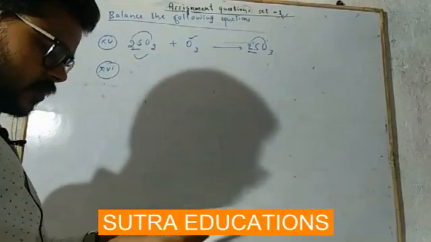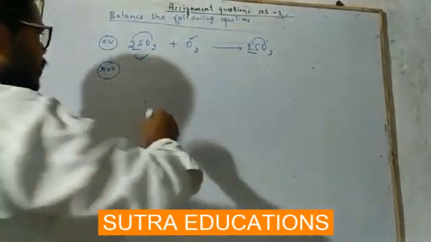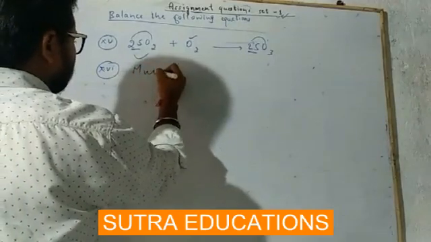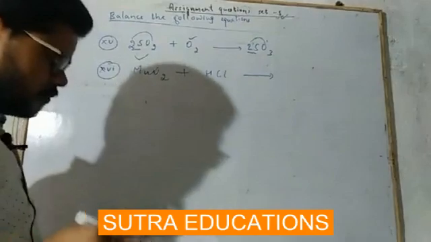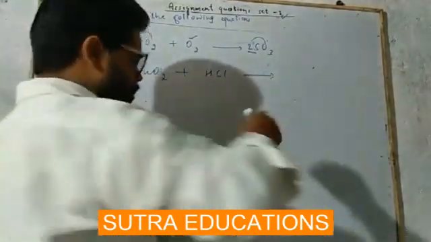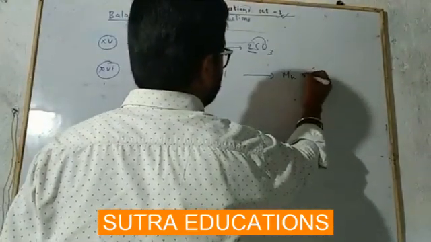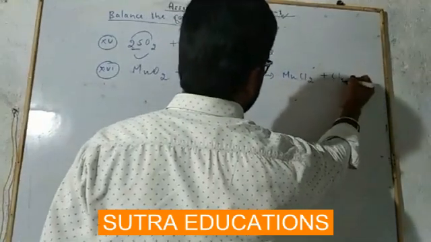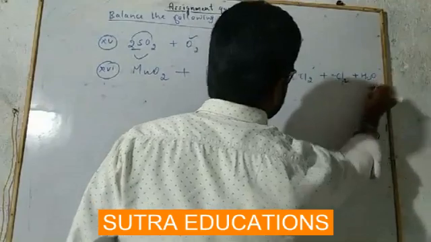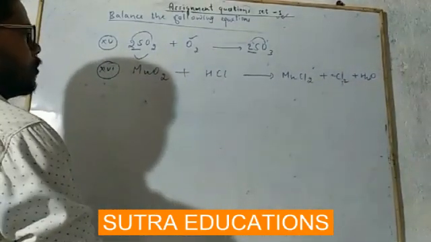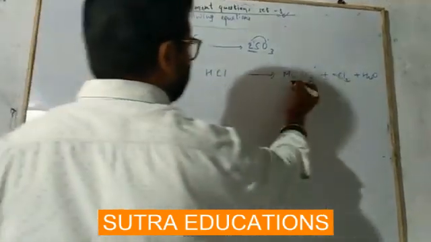Then it is 16, and it is MnO2 plus HCl to MnCl2 plus Cl2 plus H2O. So manganese is balanced.